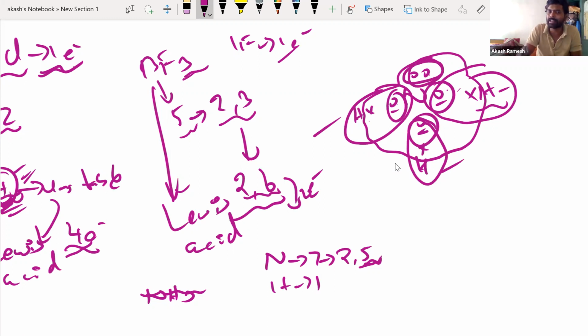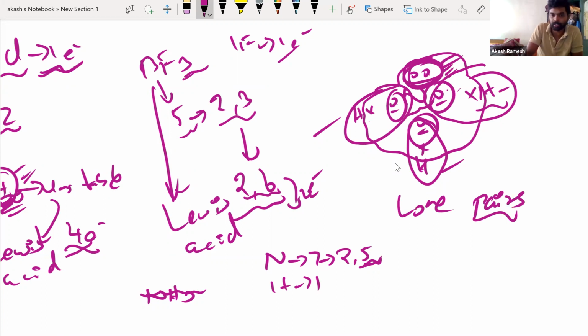But you look at this particular pair. This pair is there in the valence shell, but it is not shared with hydrogen. It is only there in nitrogen. So this kind of pair of electrons which is there in the valence shell, but not shared in the covalent bond, to form a chemical bond, is what is called a lone pair.